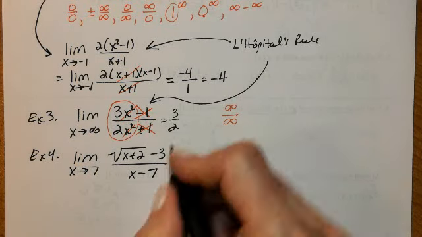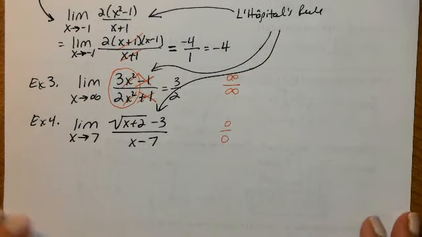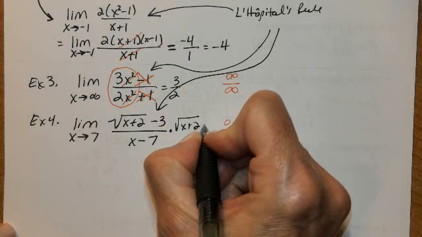Now this is one that, again, we could use L'Hopital's for, but in Unit 1 we didn't know L'Hopital's, so we would multiply top and bottom by a conjugate.